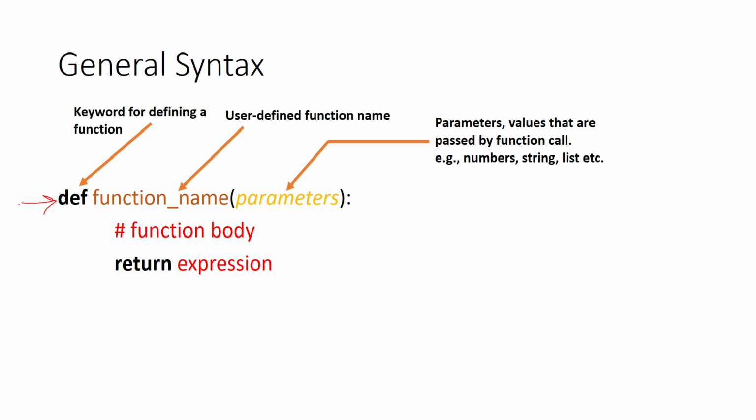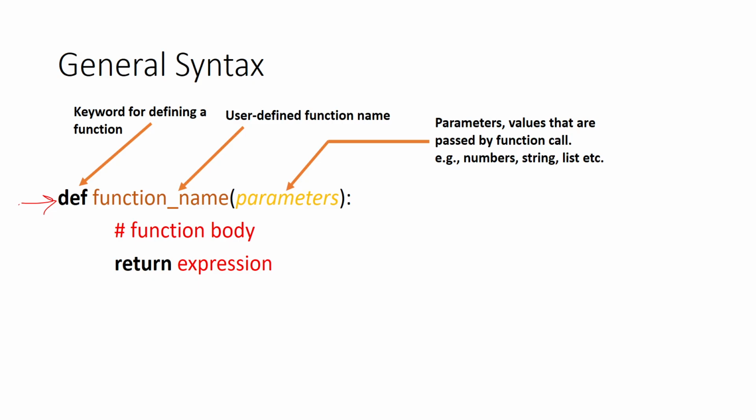We will see the types of parameters in the following slide, but as of now you understand that after the function name we can pass certain parameters. It might be possible you don't pass any parameters even though you will be using parentheses. The function name is followed by a set of parentheses. Inside the parentheses, if you pass certain values, they are known as the parameters. If you don't pass any values, it is a function call without a parameter.